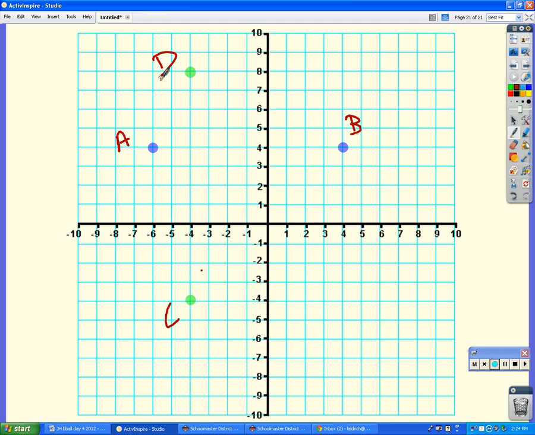How about one of the ladies from this table here? I haven't heard anything from you all day. What's the distance between C and D? How far is it from here to here? Whoa, I screwed up. Hold on. I see why you're giving me funny looks. Okay. Oh man, I really screwed up. Okay, how far is it from C to D?